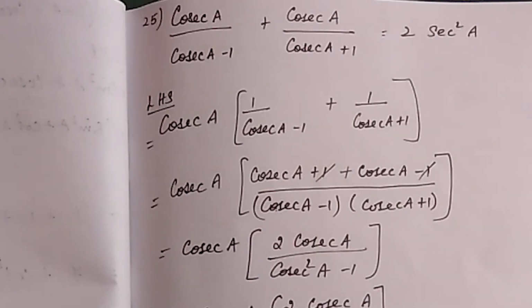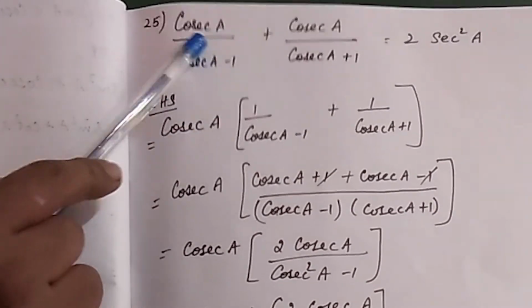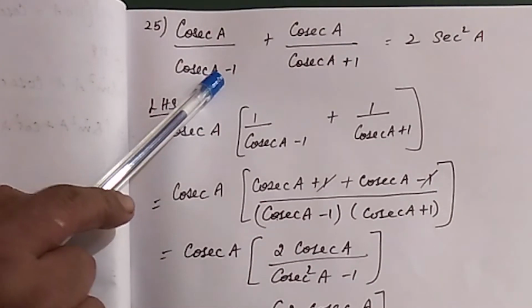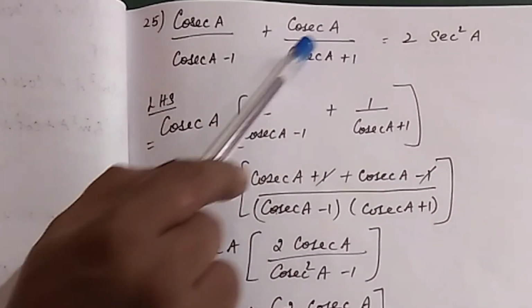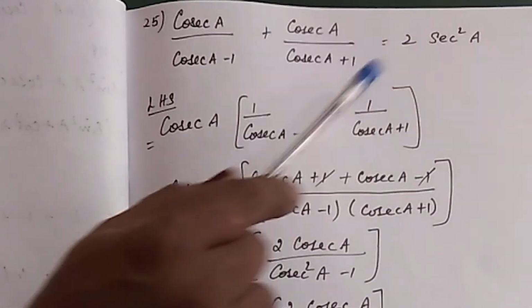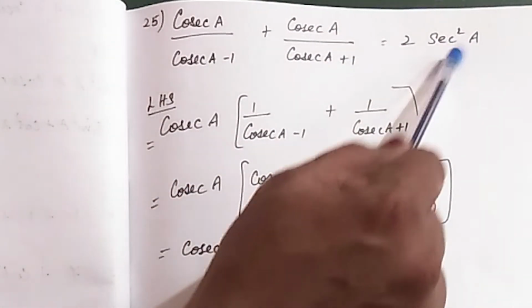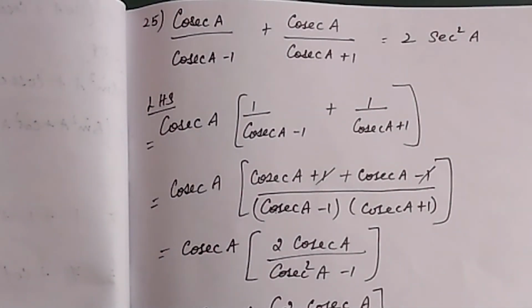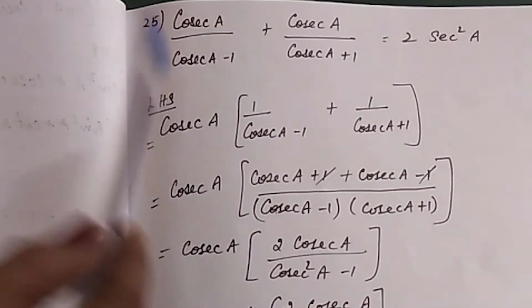Question number 25. Cosecant A upon cosecant A minus 1 plus cosecant A upon cosecant A plus 1 is equal to 2 secant squared A. So take the left hand side.